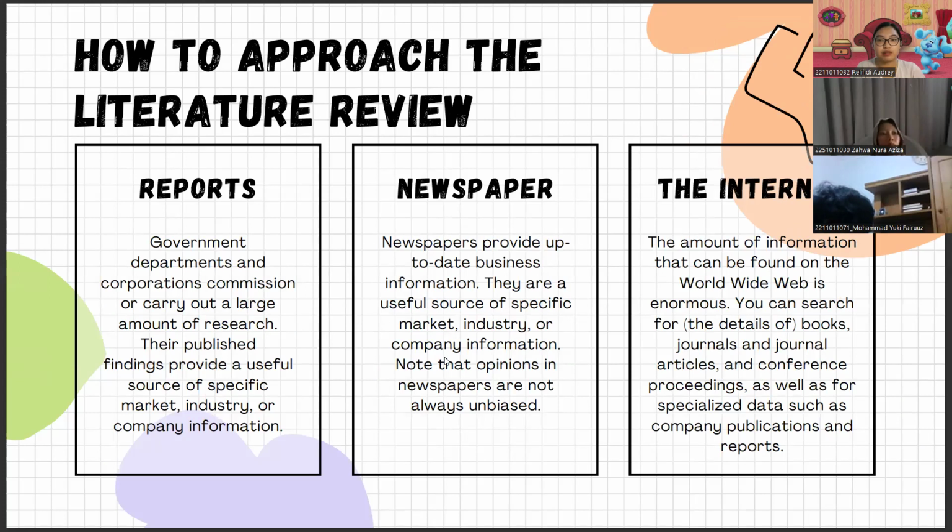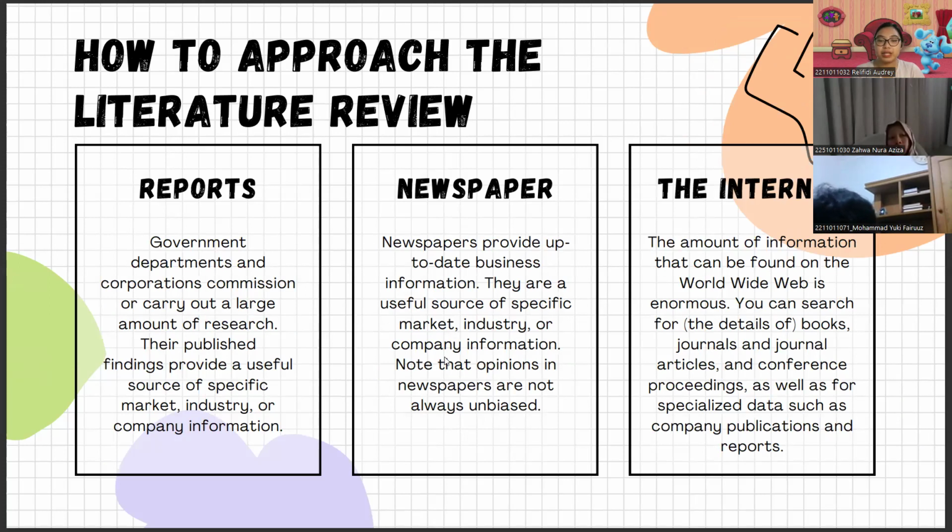And then the next one is reports. So government departments and corporations commission or carry out a large amount of research, and the published findings provide a useful source of specific market, industry, or other information. And then the next one is newspapers. So newspapers provide up-to-date business information. They are a useful source for specific market, industry, or company information.